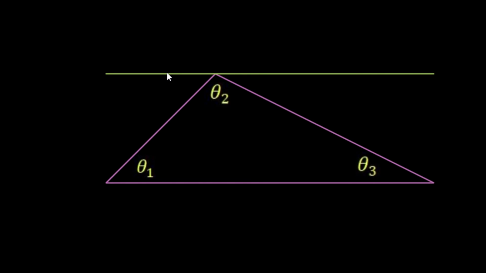But let's say we started at this point and we only went round to here, then we would have gone round 180 degrees. So it means that this angle here, plus this angle here, plus this angle here is 180 degrees. But what is this angle and this angle? Well, this angle here is nothing other than theta 1, and this angle here is theta 3.